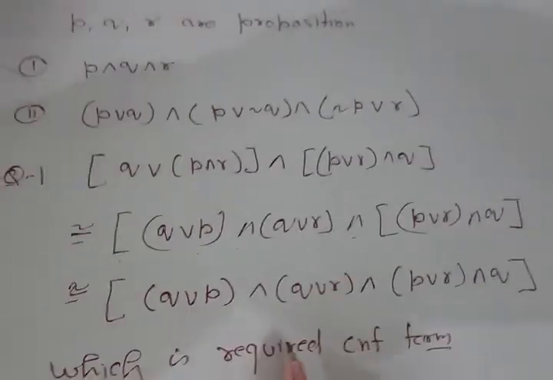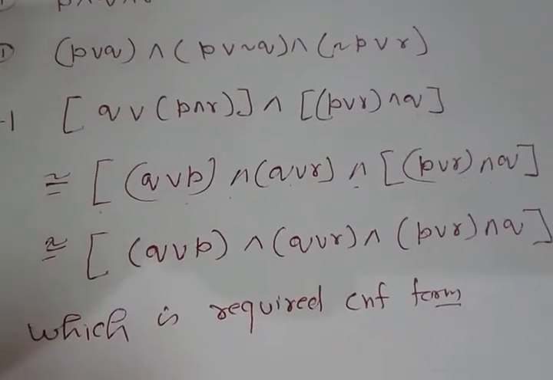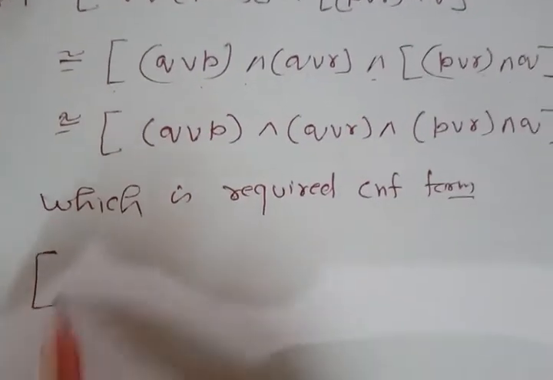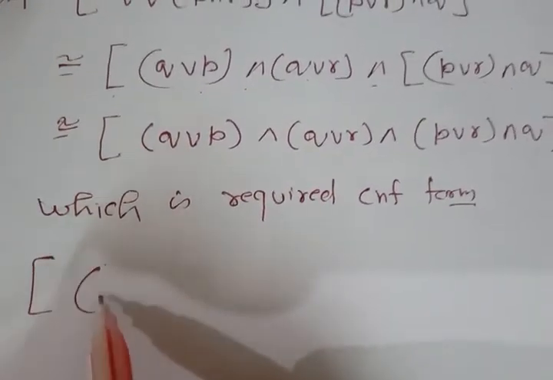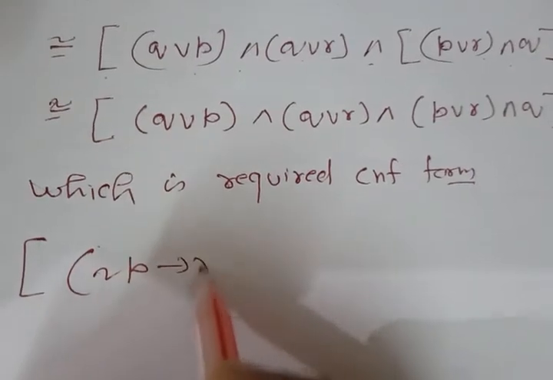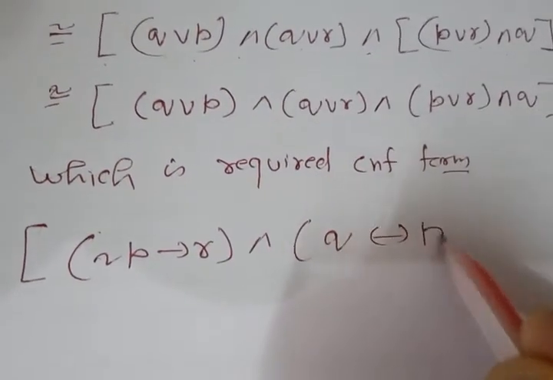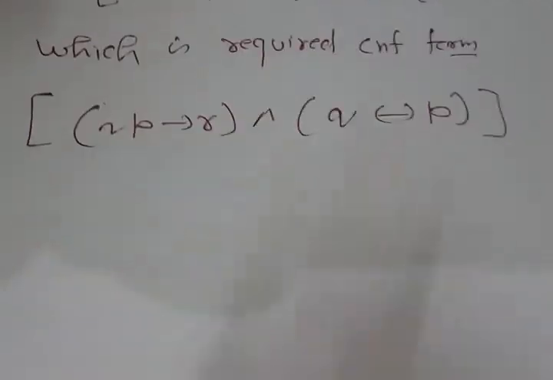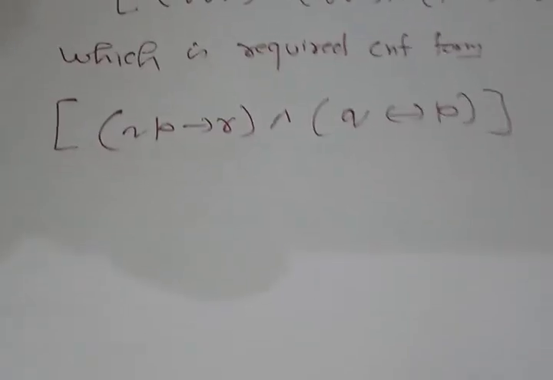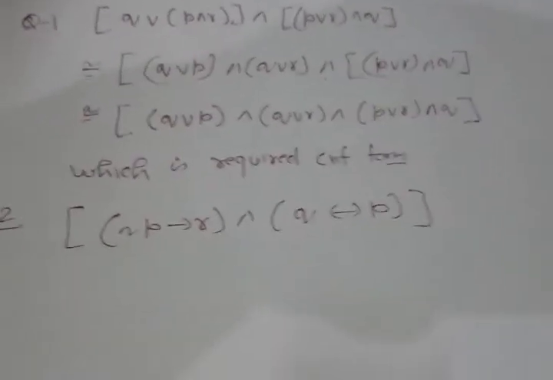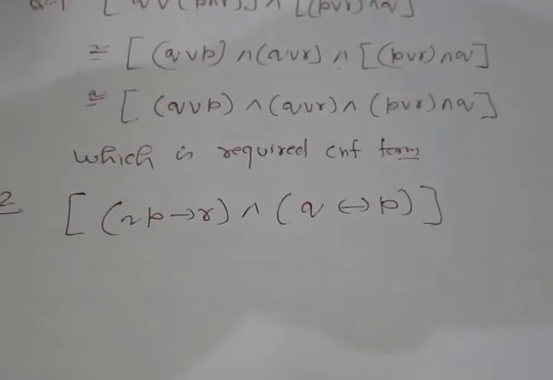Okay, in the same way we will take the second question, that is negation of P implication R, conjunction Q by conditional P, and so on. Now we will simplify this compound statement to obtain the required CNF form.